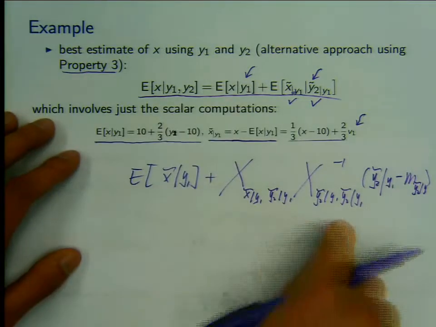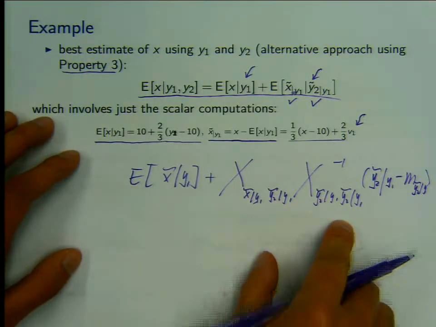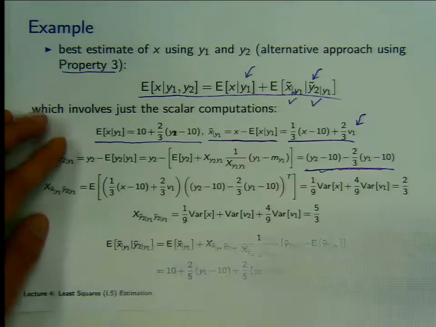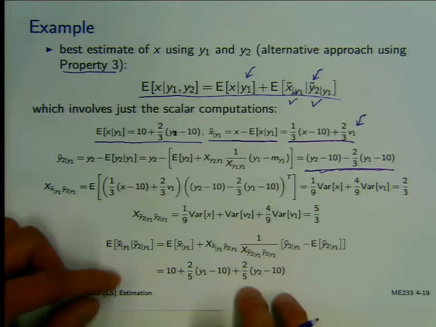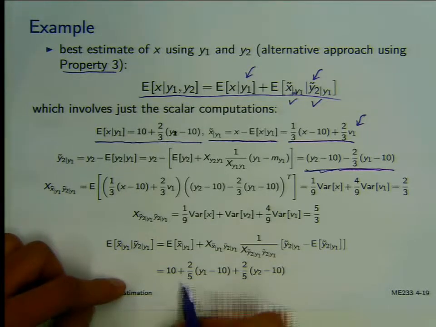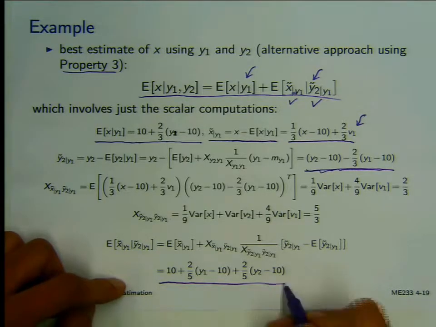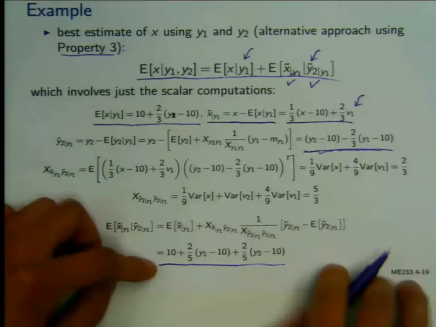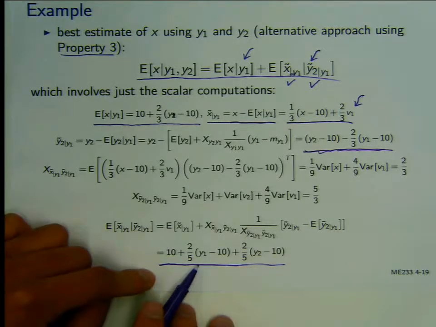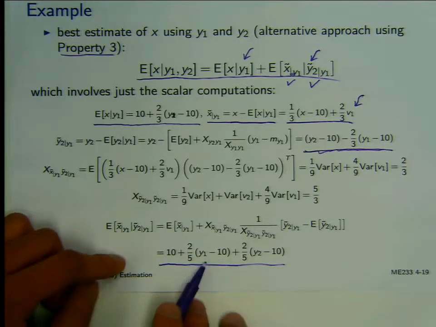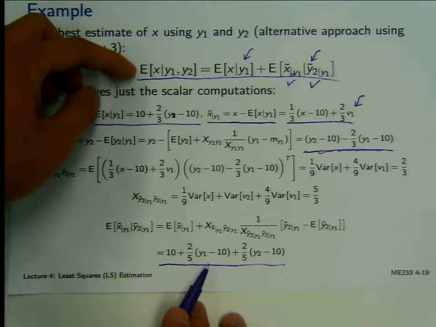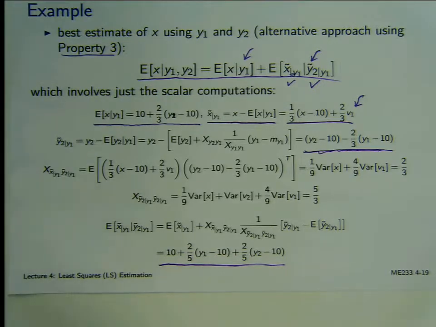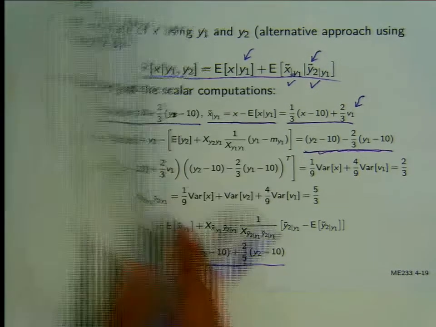Just use this equation to obtain the final result. It's some algebra, but in the end, it's going to look like here. This is a useful result. You see, now I'm using both information from y1 and y2 to estimate x. I think that's the last slide.